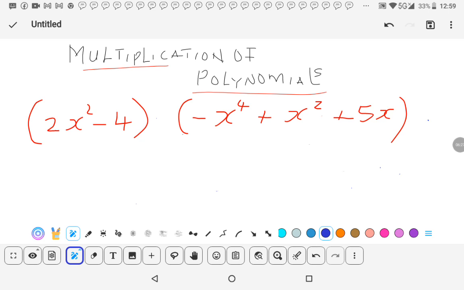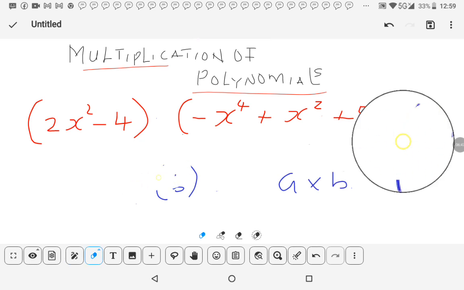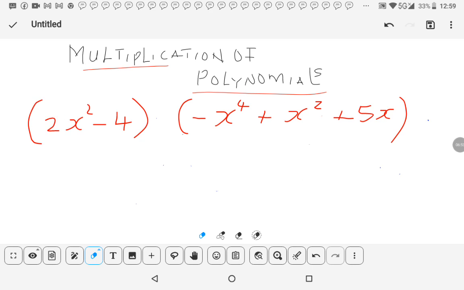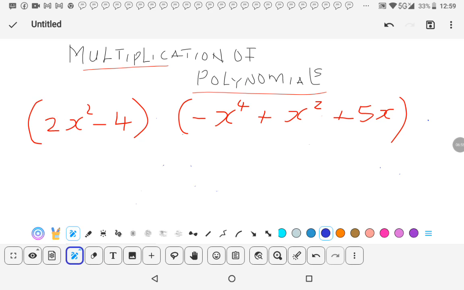In other words, if you're given an equation, let's say a open bracket b, this is the same thing as a times b. Or if you're given an equation like 2 open bracket 3, this is the same thing as 2 times 3.